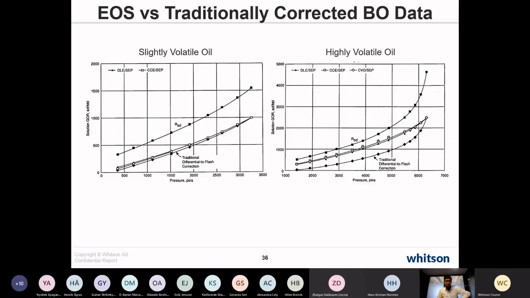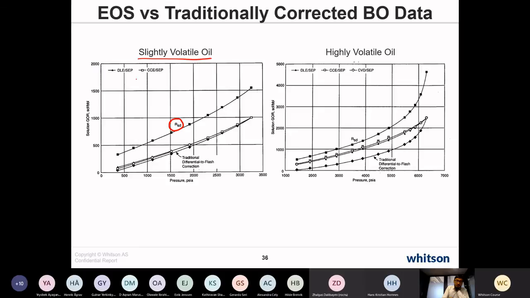Yeah, and this is the figure I was talking about, where you think that traditional corrections to the DLE data should be done. So this is a case of slightly volatile oil, and this is the RSD, the RS from the DLE test, and this is about 1500 SCF per residual barrel.